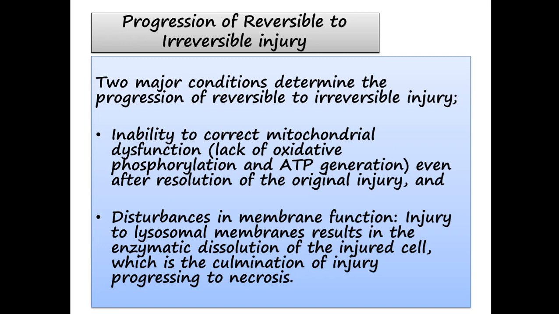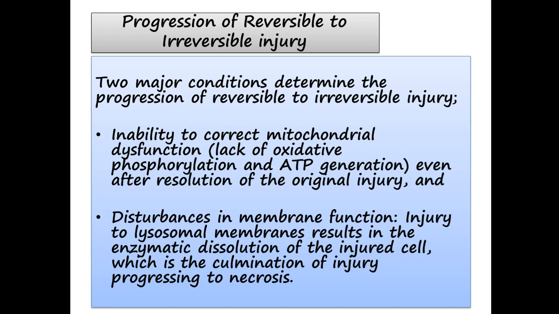Once the mitochondria have been damaged so much that even if we remove the original insult or injury they are irreversibly injured, they will get no repair and there will be no ATP generation, and now it is unavoidable that the cell will go from reversible to irreversible injury.